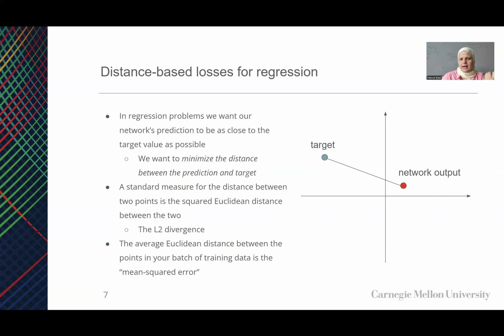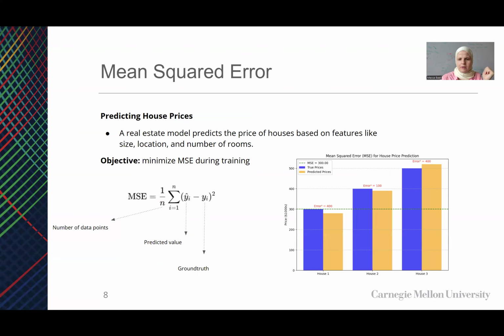The standard measure usually used for the distance between two points is the squared Euclidean distance. The average squared Euclidean distance between the points in your batch of training data is actually the mean squared error.